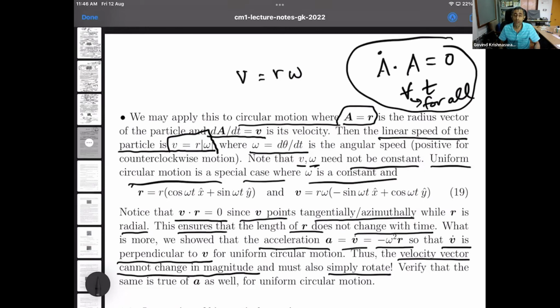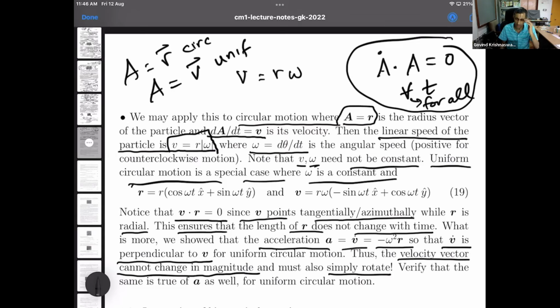And we are simply making an observation that this A vector can be chosen as the radius vector of a particle executing uniform or non-uniform circular motion, or could also be chosen as the velocity vector of a particle executing uniform circular motion. In both of these cases, the corresponding vector A retains its length at all times. And therefore, we see that the velocity vector in uniform circular motion remains of constant magnitude.